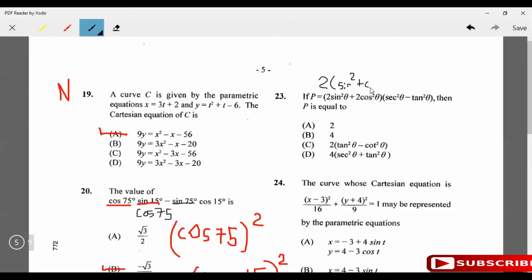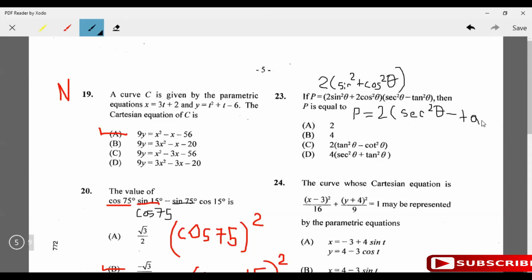But sine square plus cos square, as we know, is 1. And so this part is going to work out to be P is equal to 2 times sec square minus tan square.